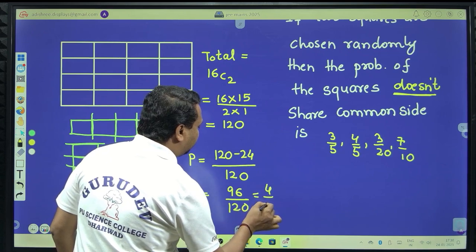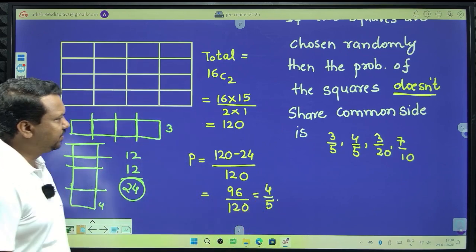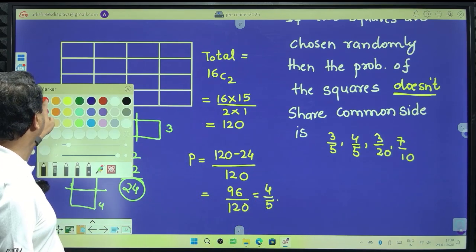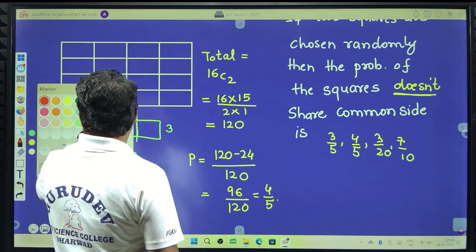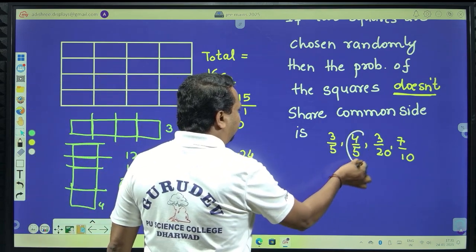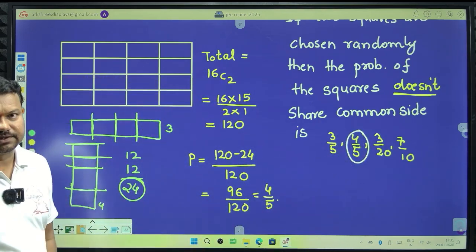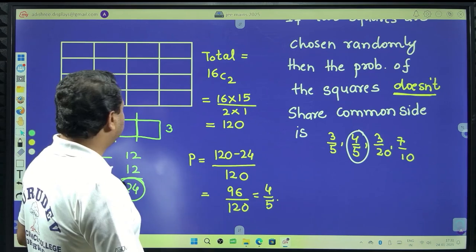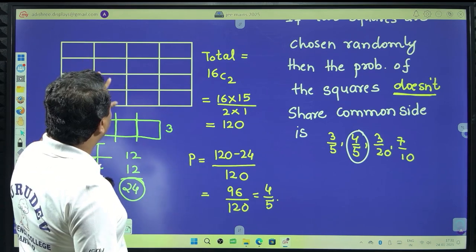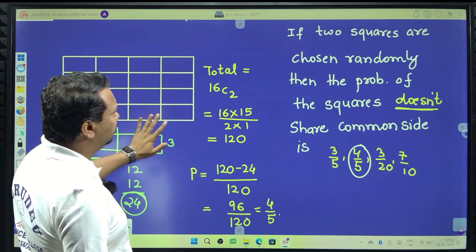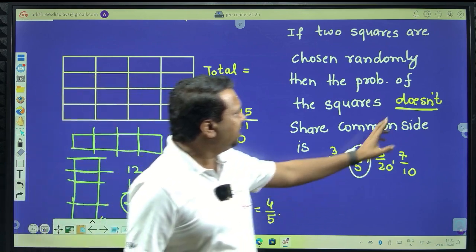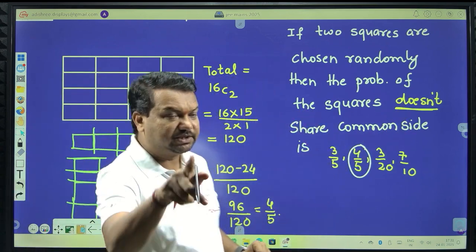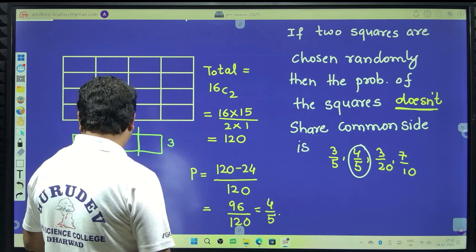Dividing, that should be 4 by 5. Hence 4 by 5 is the right answer. I hope you have understood this question. The question is all about probability, particularly not sharing a common side. Please keep that in mind. Let's go for the next question.